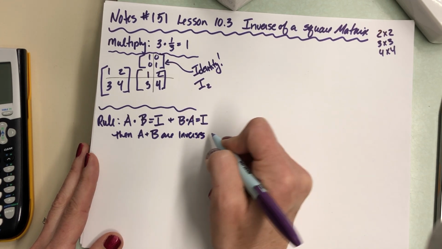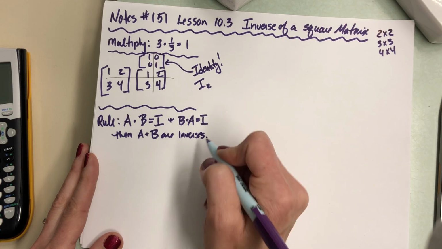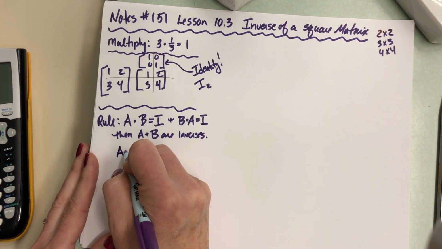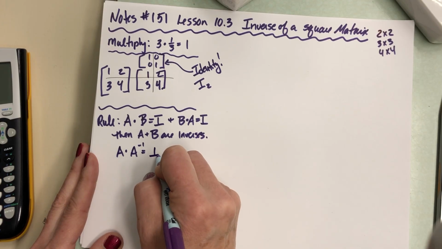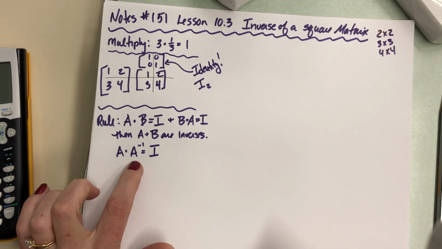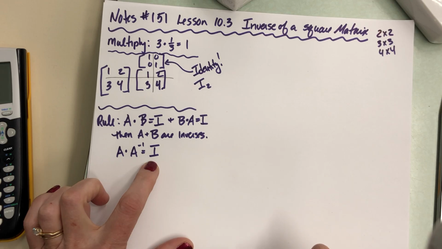Our notation for that is A times the inverse of A is equal to the identity.